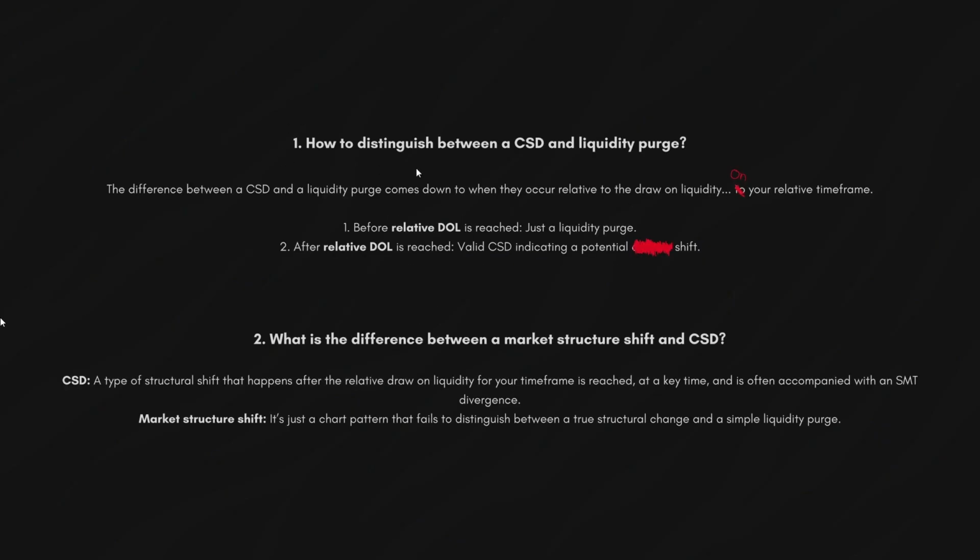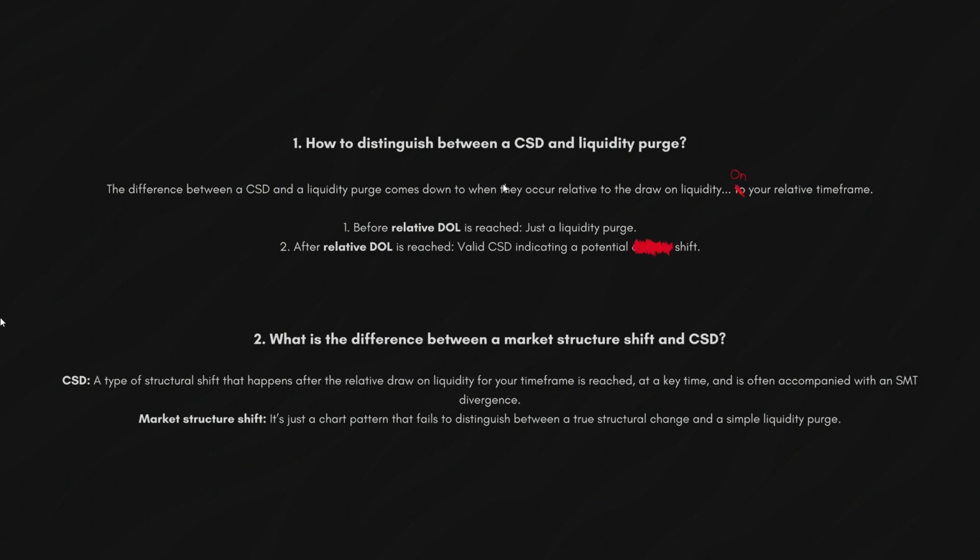First of all, let's discuss how to distinguish between a valid change in the state of delivery and a liquidity purge. The difference between a CSD and a liquidity purge comes down to when and where they occur relative to the drawn liquidity on your relative time frame.